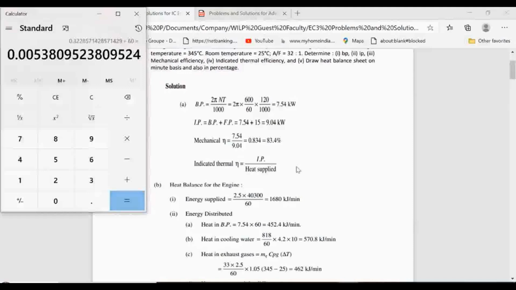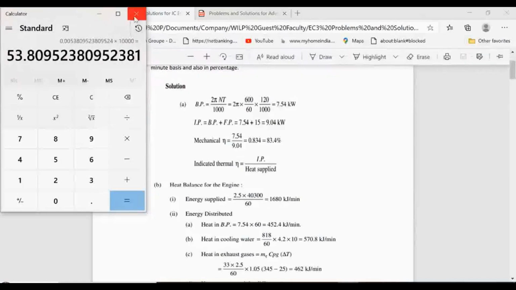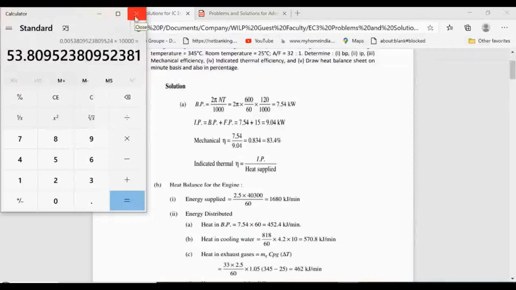We multiplied by 60 again. So we made a mistake in the last problem. Please correct it. We multiplied it by 60.